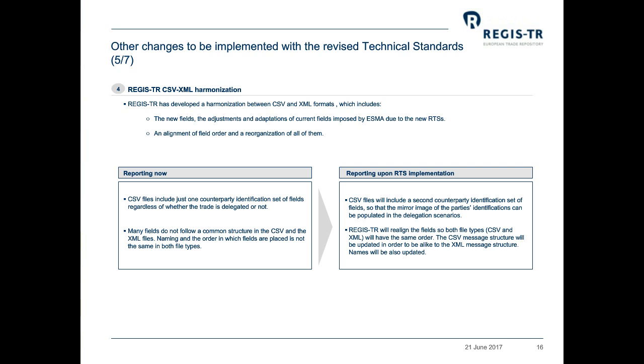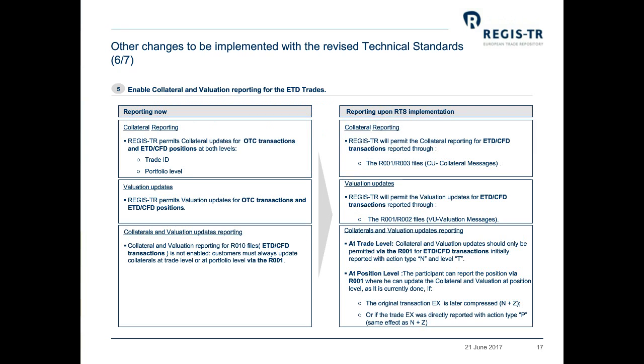And in case they want to use the new way of reporting, just sending the X message with the action type P. So this will be one of the most important changes right now, to enable collateral and valuation reporting for ETD trades through a new channel for R010.